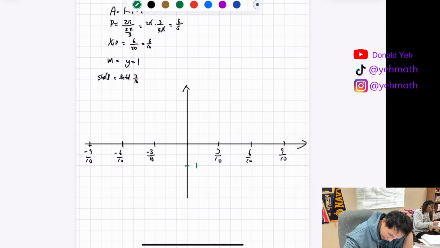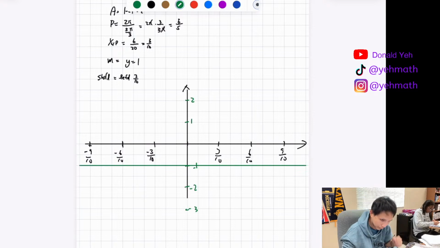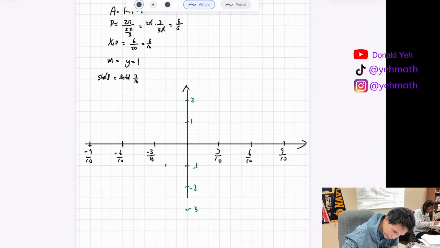This is a 1. This is a 2. This is a 3, negative. Why? Because I just want to see a little bit more. So I have the midline at -1, so I always graph the midline first.